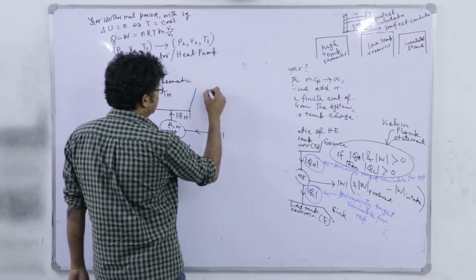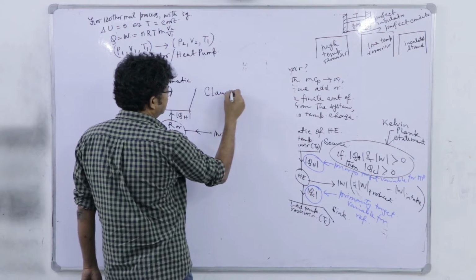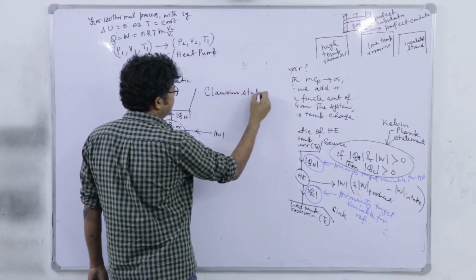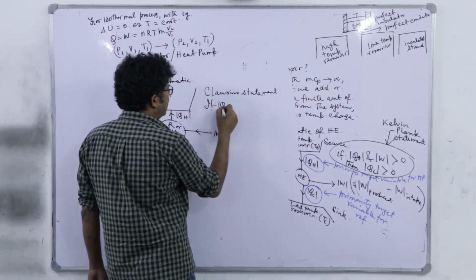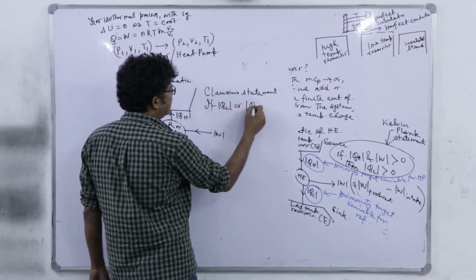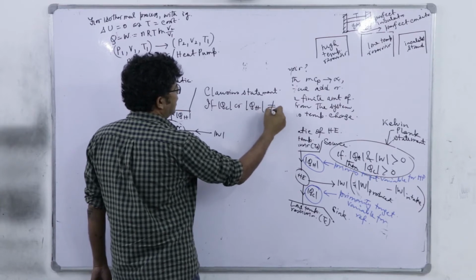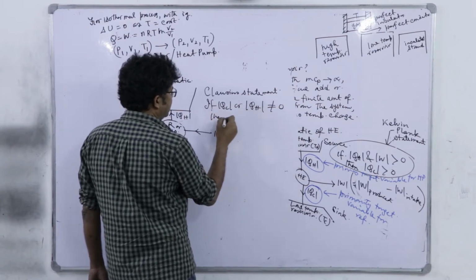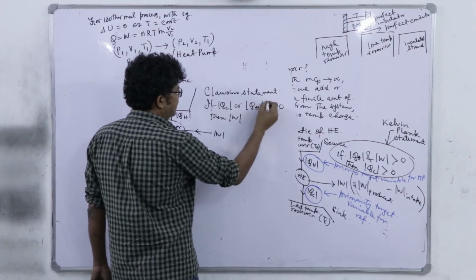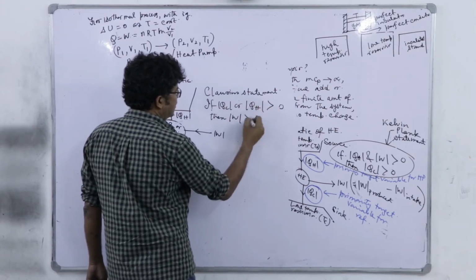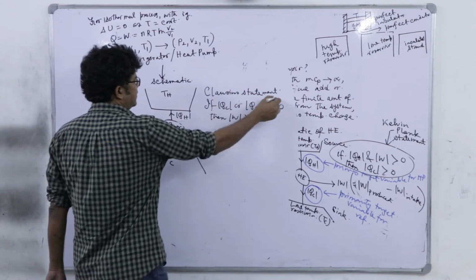So, Clausius statement is if mod QC or mod QH are not equal to 0, then mod W is positive, right.